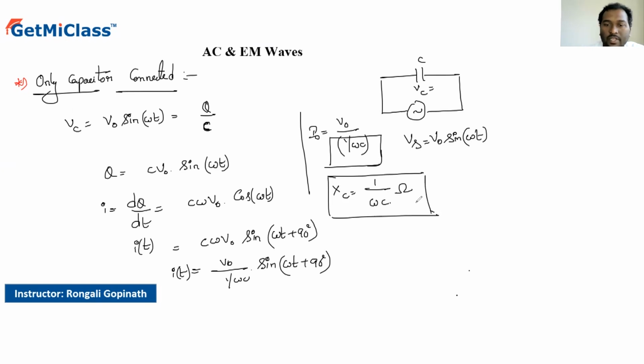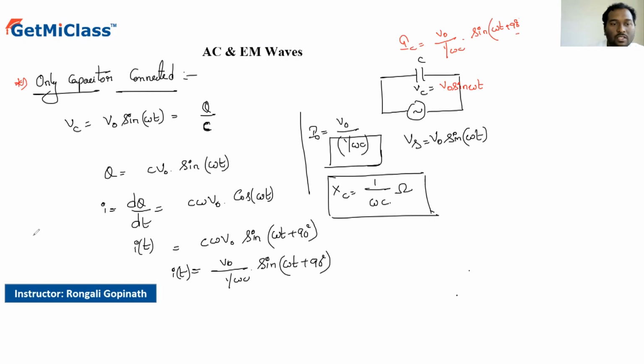Now, how do we put it in a phasor? If you look at this, the voltage across the capacitor VC is V naught sine of omega t, whereas the current through the capacitor IC is V naught by 1 by omega C into sine of omega t plus 90 degrees. We can see that the current is leading the voltage by 90 degrees.